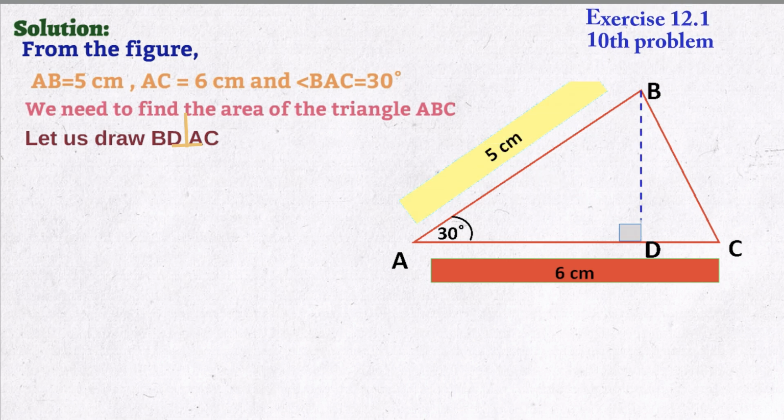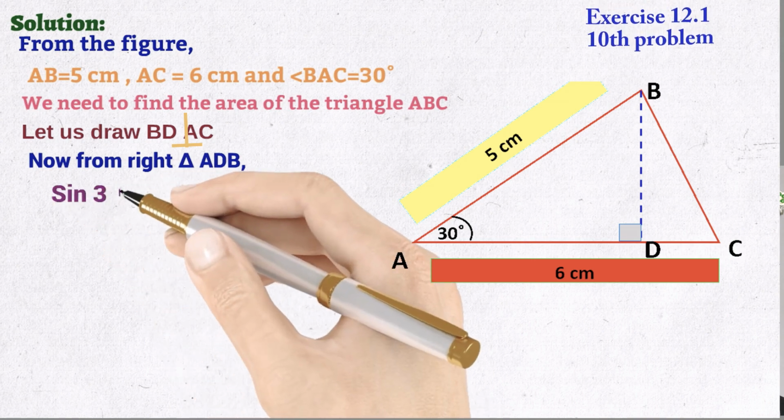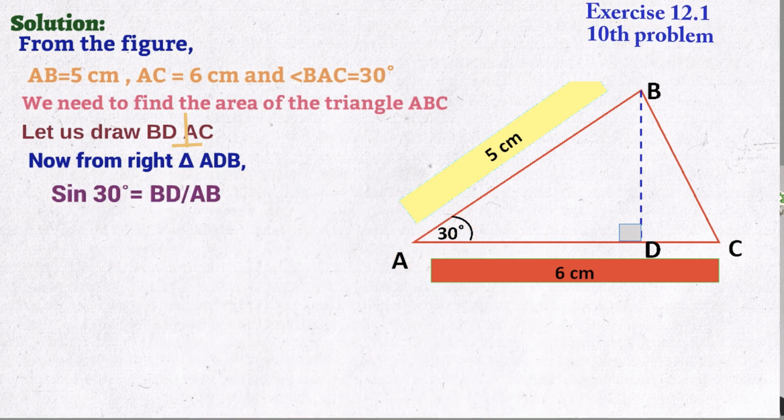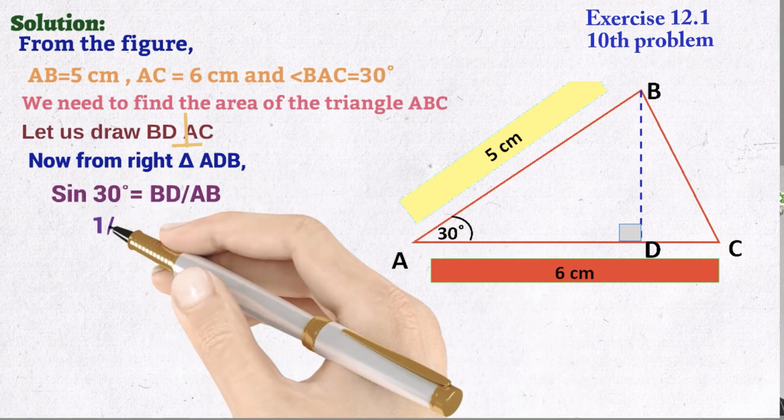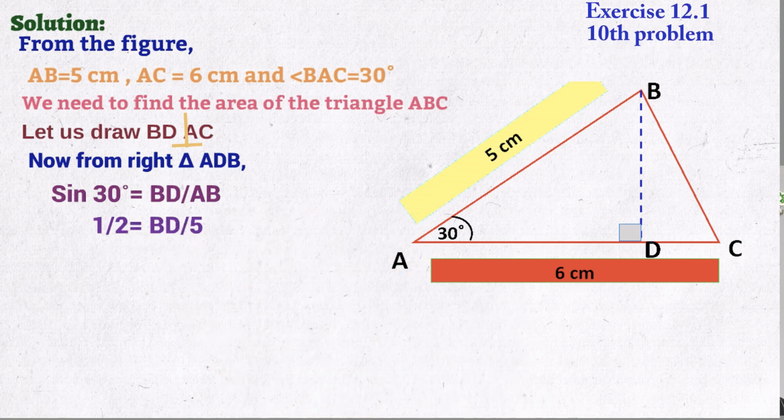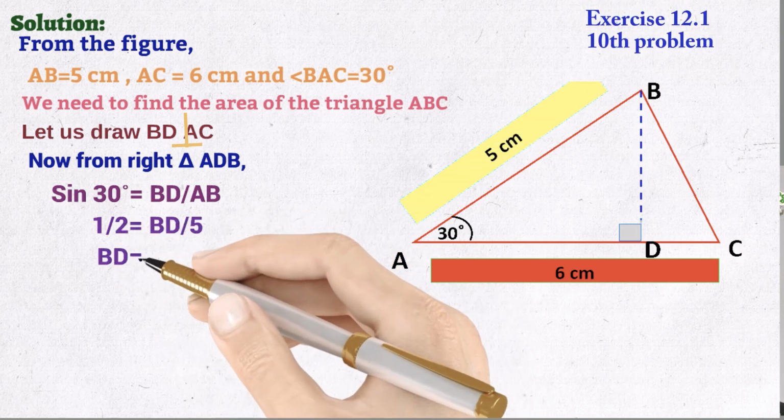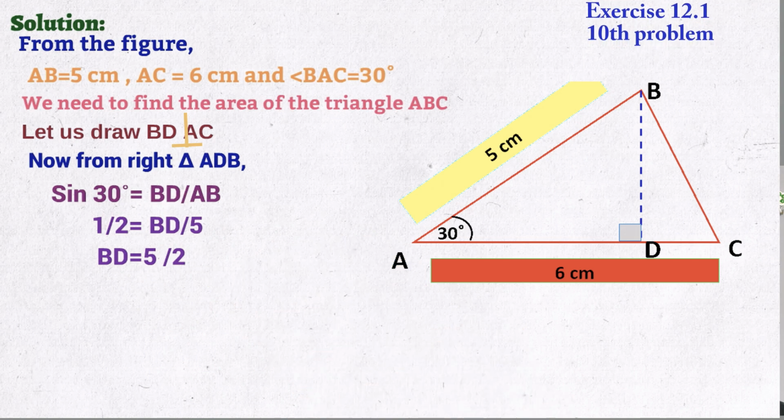So to find the length of BD, we need to use the sine trigonometric ratio. So let us take sin 30 degrees equals BD by AB, and substituting their values we get 1 by 2 equals BD by 5, and simplifying this equation we get BD equals 5 by 2.